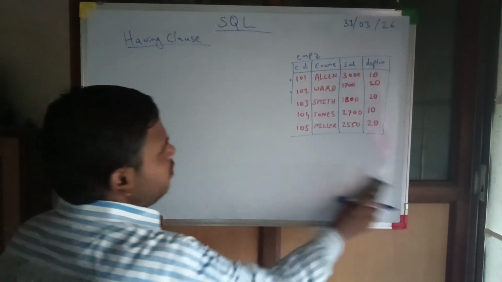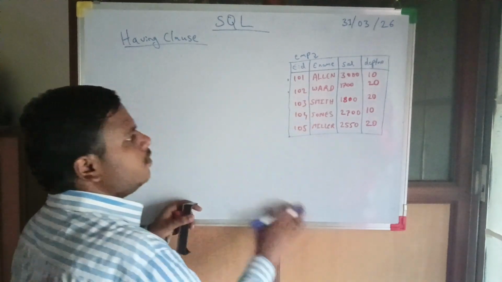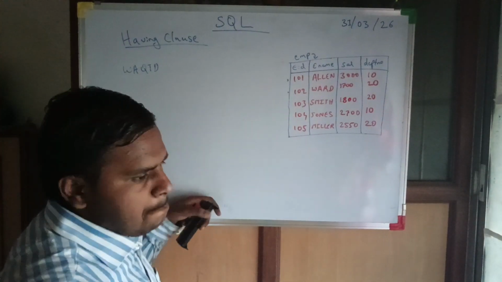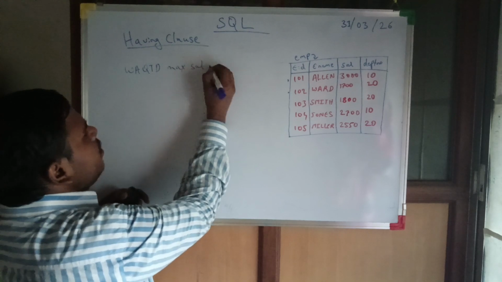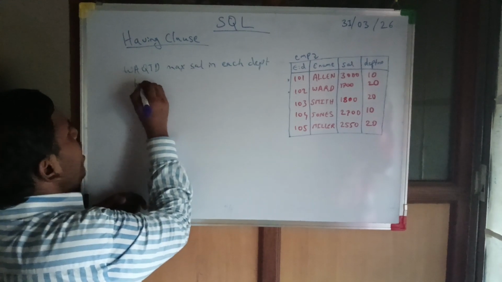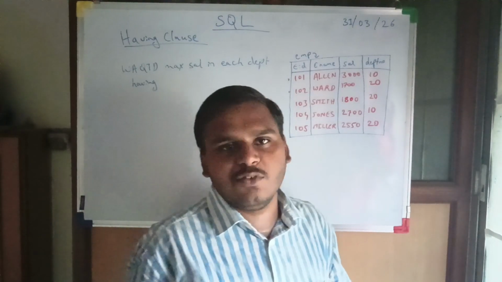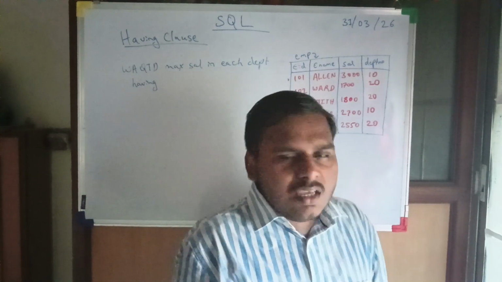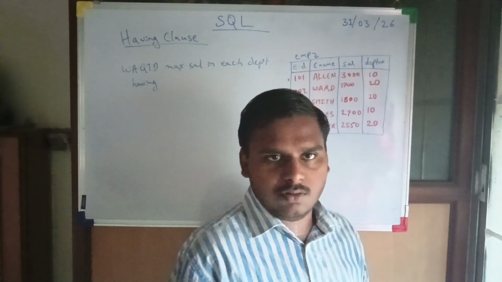One more question I will take. Write a query to display maximum salary in each department having... If you think that only when the word HAVING is there, then only you have to use the HAVING clause, it means you are thinking wrongly.